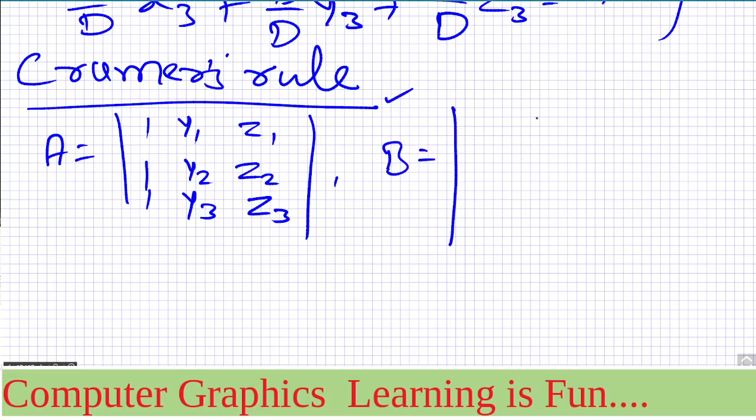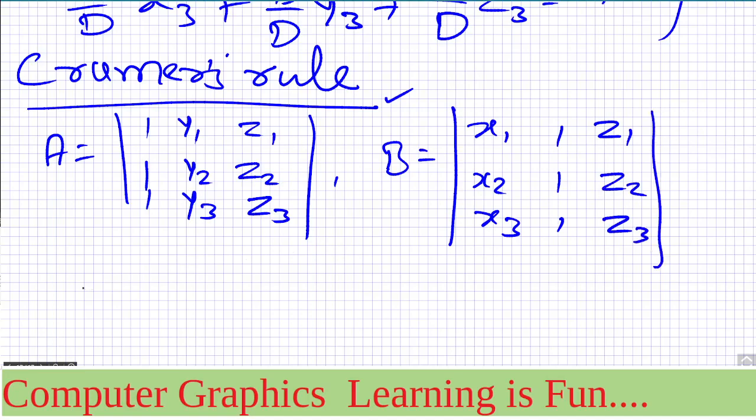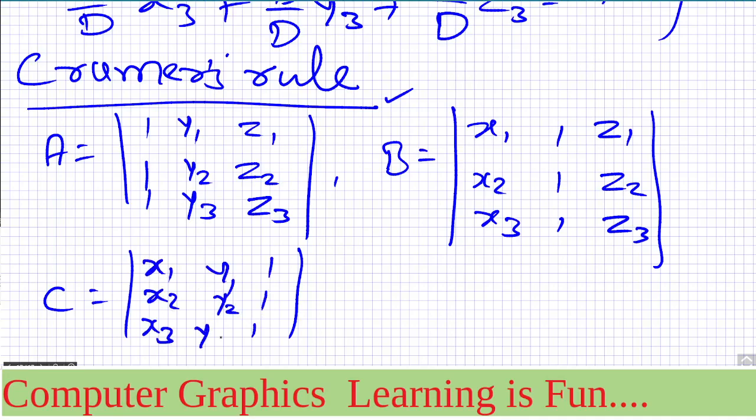In b you will keep y as 1, you will keep x as it is, x1 x2 x3, y is 1 1 1, and z is as it is, z1 z2 z3. Similarly will be the case for c. You will keep z value as 1 1 1, and these two values x1 x2 x3 and y1 y2 y3.